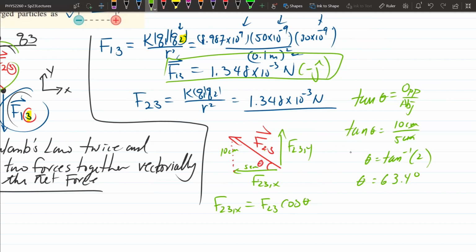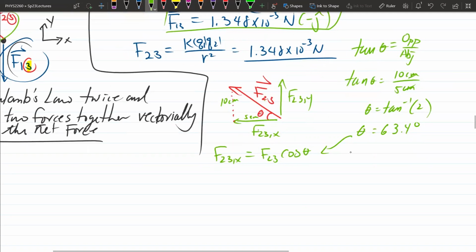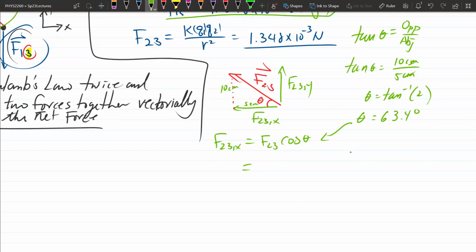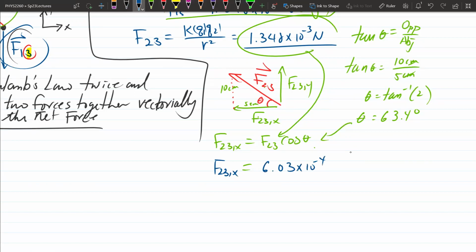So now we have this theta, and we can compute what this number is, putting theta in there: 1.348 e-3 times cosine of the previous answer we got. I'm just going to copy that. So the x component of force 2.3 is 6.03 times 10 to the -4 newtons.